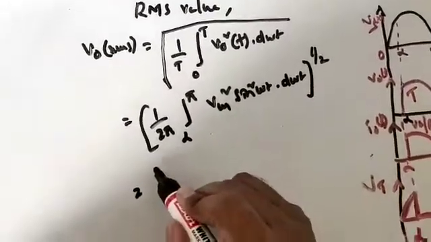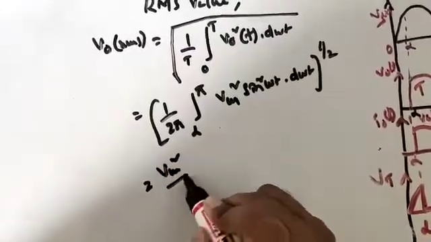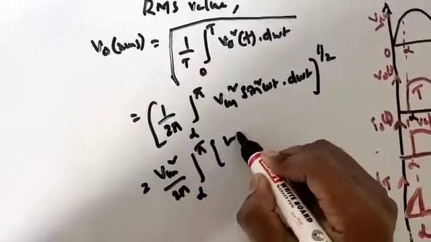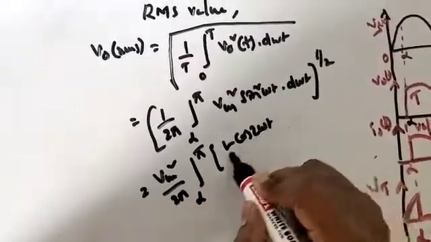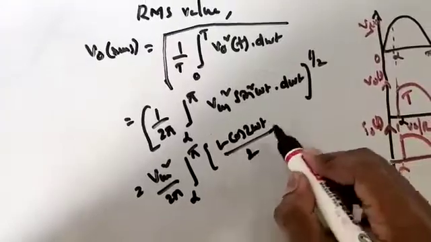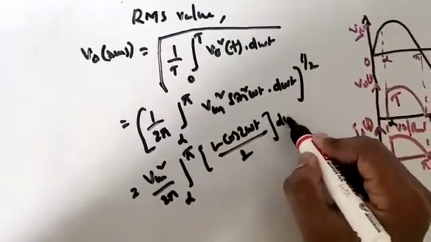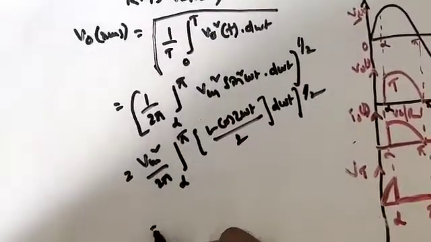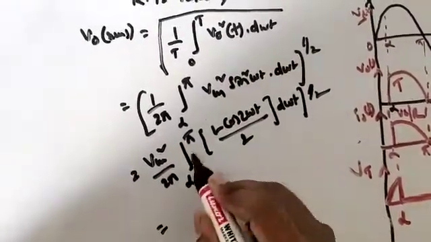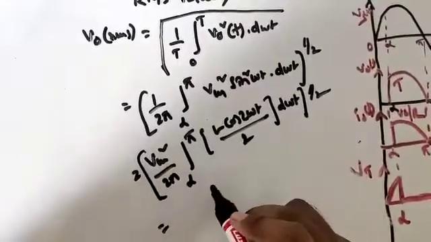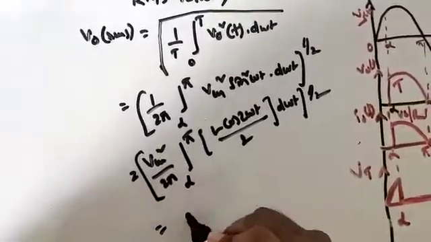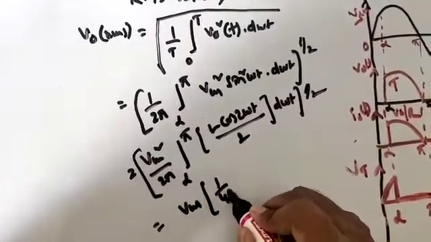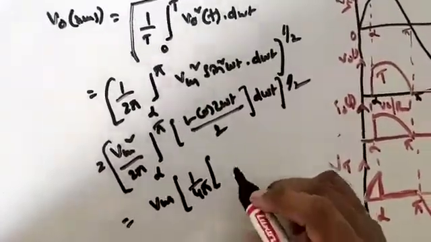So this is nothing but Vm square by 2 pi integral alpha to pi of 1 minus cos 2 omega t by 2 d omega t, under root. Vm can be taken outside, and 2 into 2 gives 1 by 4 pi.